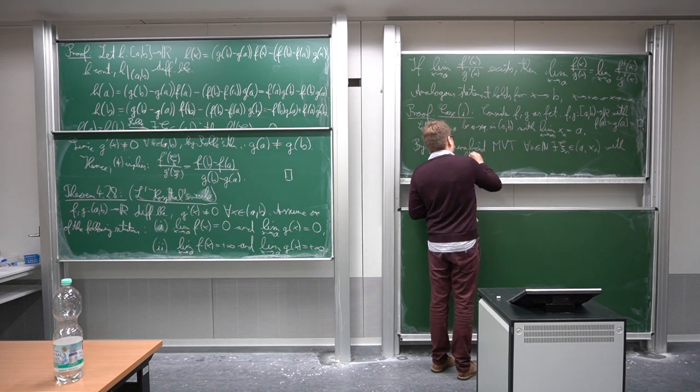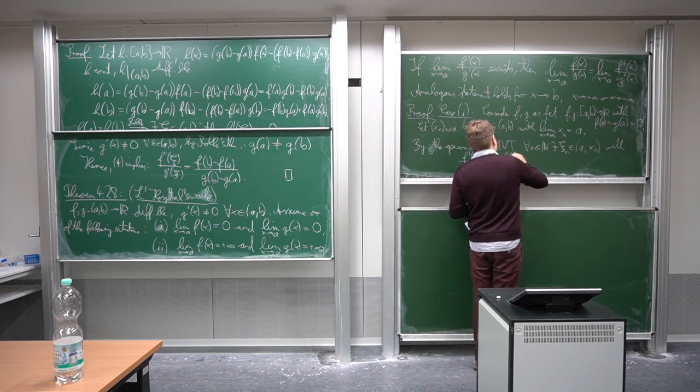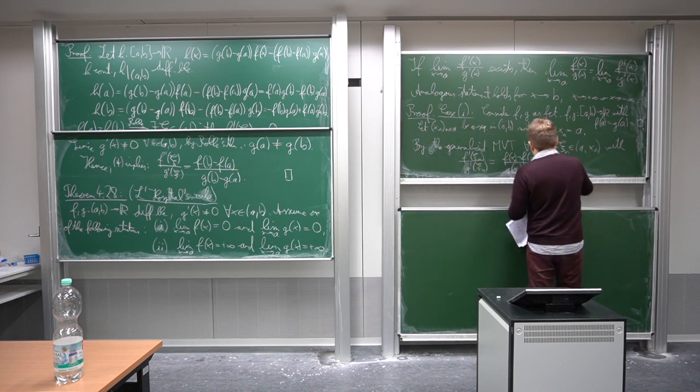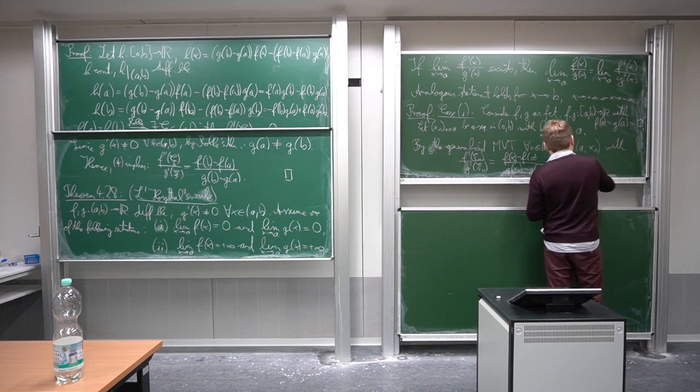f prime of psi_n divided by g prime of psi_n is equal to f of x_n minus f of a, divided by g of x_n minus g of a. But we've constructed it this way so that these two are 0 at a, so we just get the ratio f of x_n divided by g of x_n.